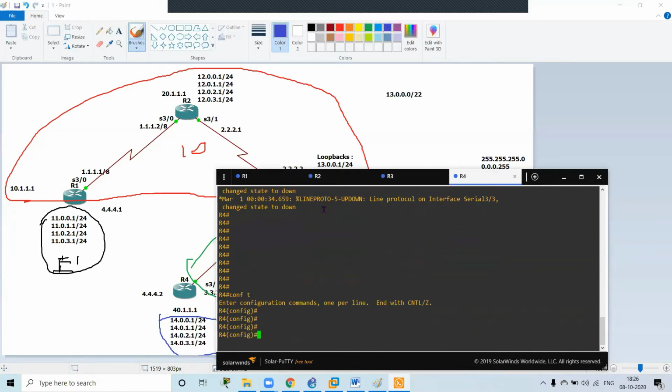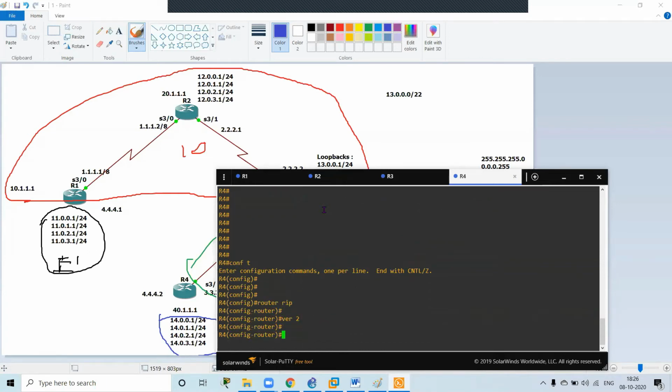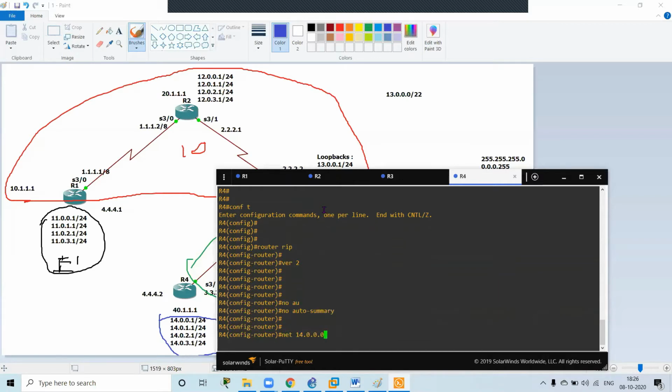On R4, router RIP version 2, no auto summary, network 14.0.0.0, exit.